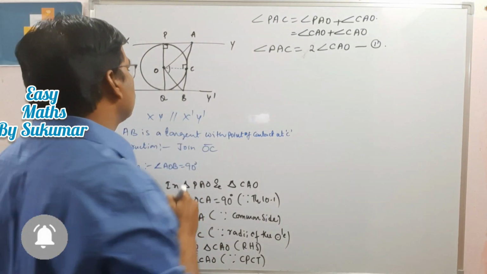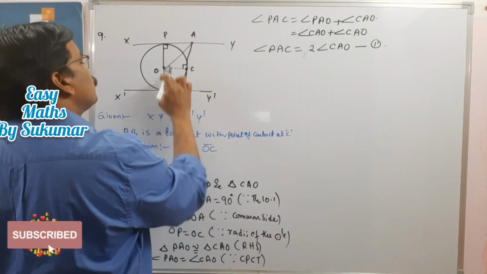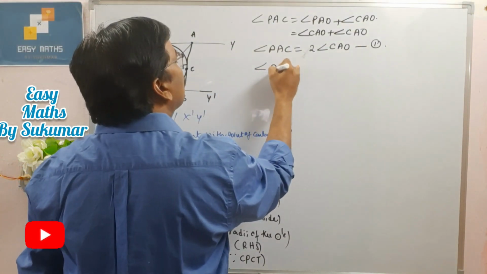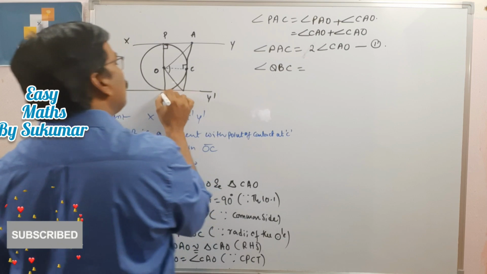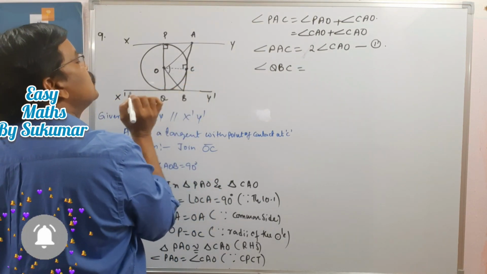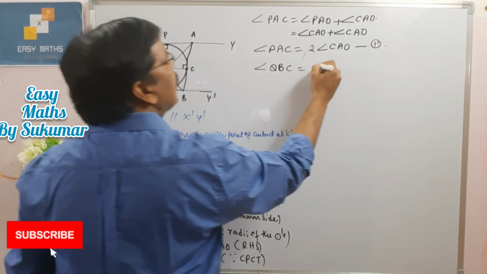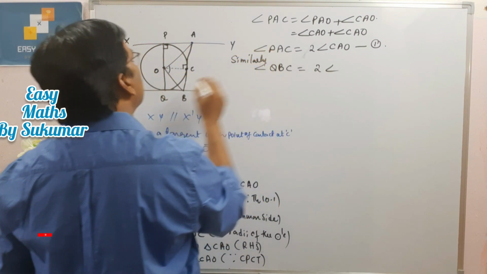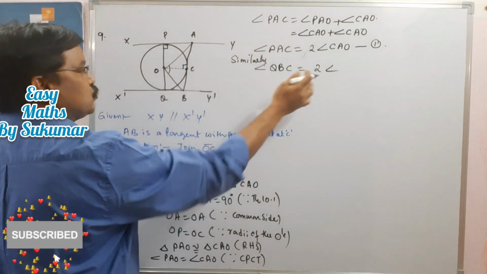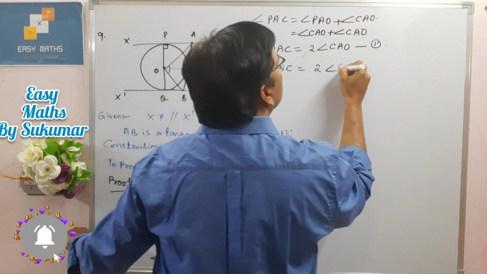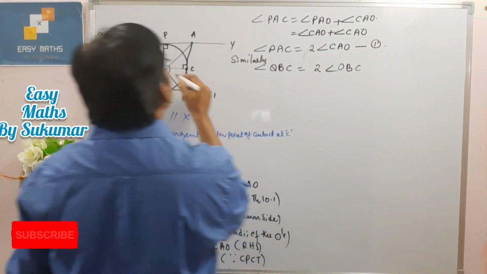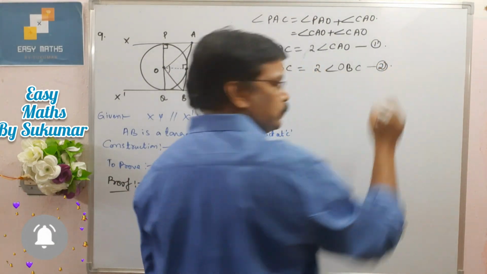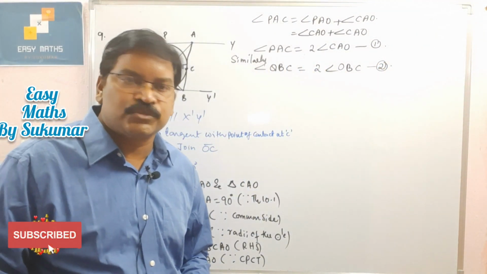Similarly, my dear students, if you take these two triangles OQB and CBO, this angle QBC is equal to 2 times angle OBC. This is angle OBC, or OCB. This is equation 2. Did you understand, my dear students, up to here?